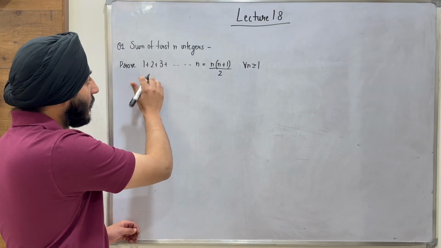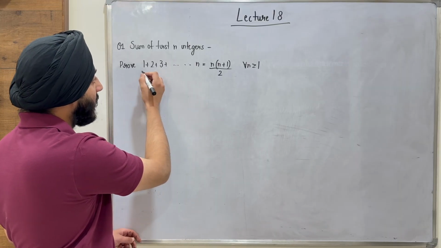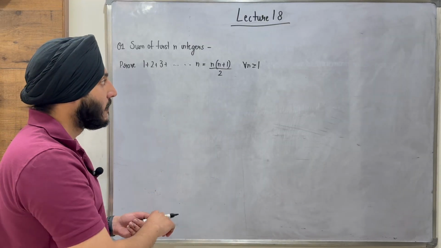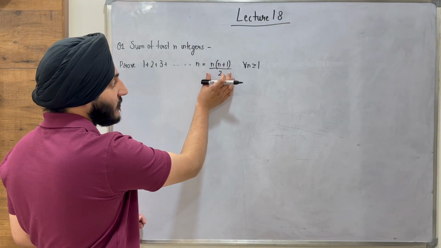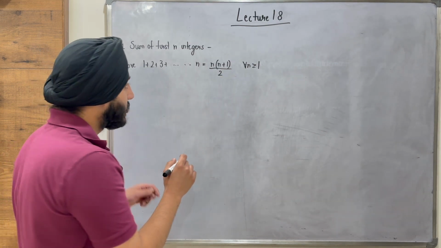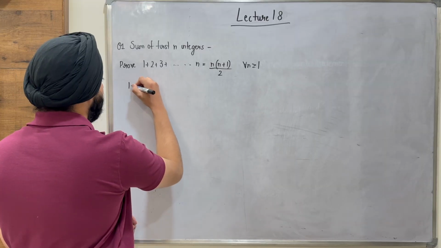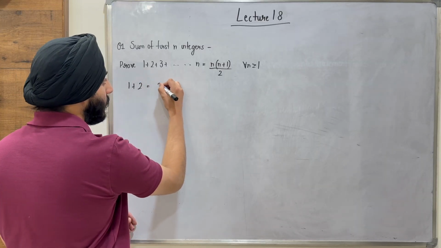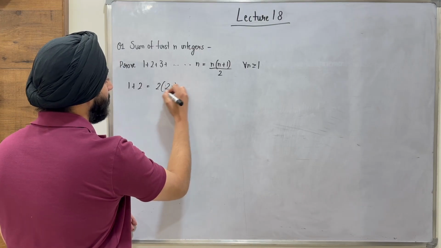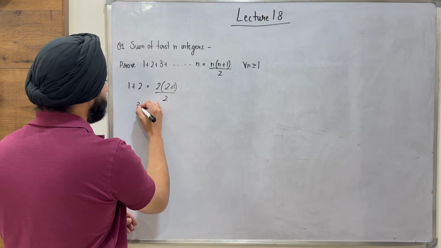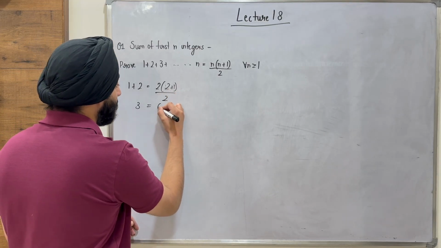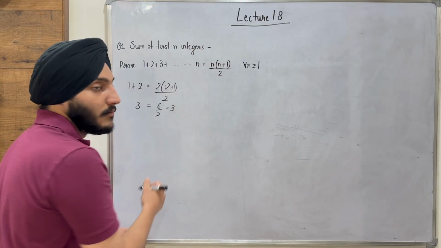If you read the statement, I'm saying 1 plus 2 plus 3 plus, and so on until a certain number n, then the sum is equal to n(n plus 1) divided by 2. As a basic example, if I consider 1 plus 2, it is going to be 3, and 2 multiplied by 3 is 6, divided by 2, which is equal to 3.